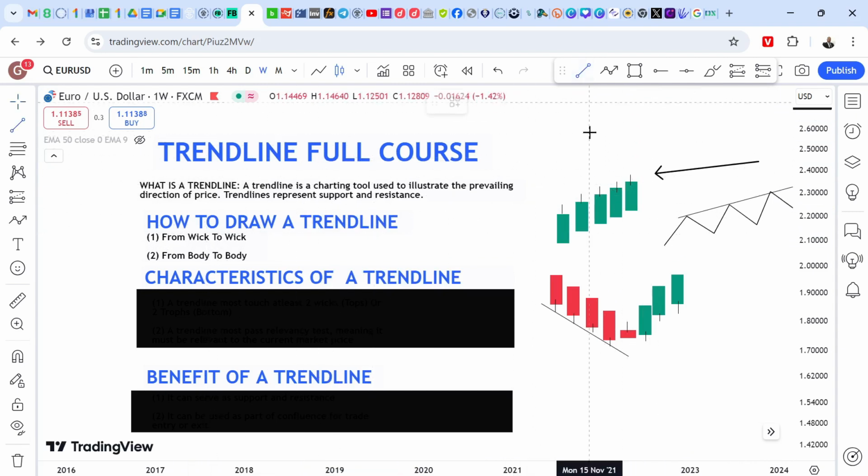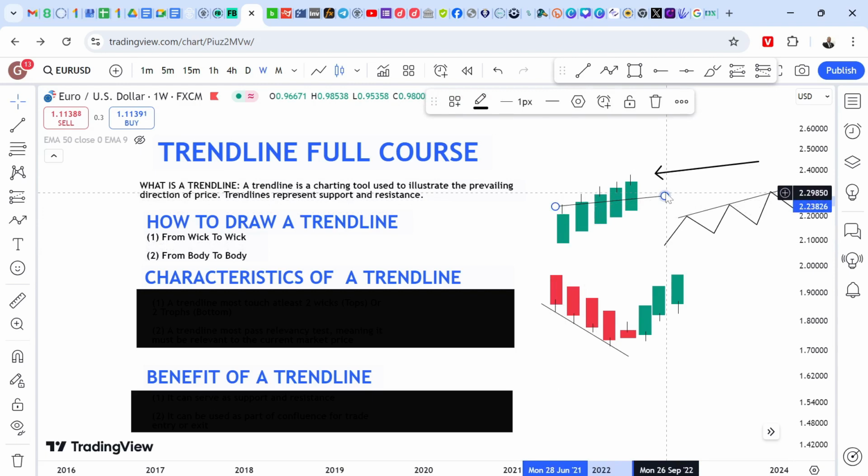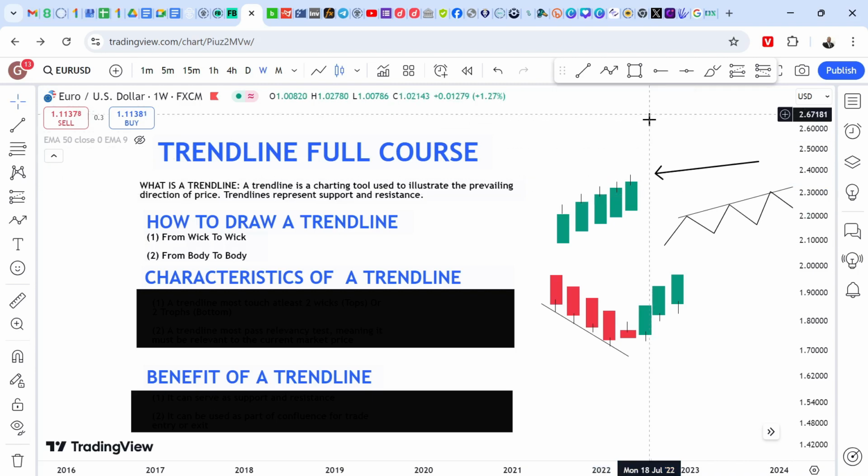If I don't want to pick from wick to wick, I can pick from body to body. If I move from wick to body, that means I will be getting another trade bias. A trend line is a powerful tool that can help you get into a trade or exit a trade. I will show you as we move on. So to draw a trend line effectively, connect wick to wick or body to body. Alright, let's move on.